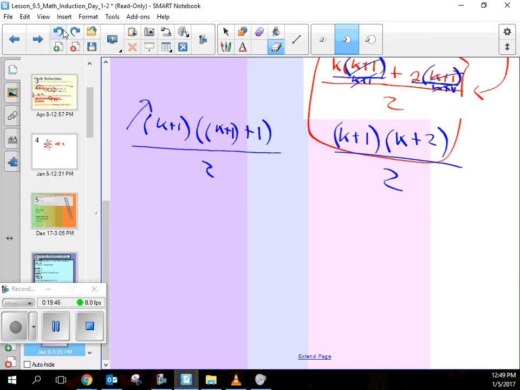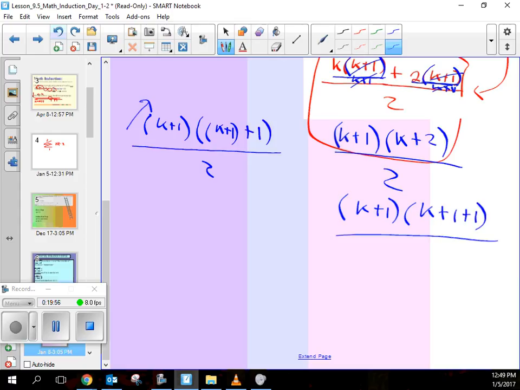Exactly. You can replace this k plus 2 with k plus 1 plus 1. All I did is replace a 2 with a 1 plus 1. Wouldn't you agree that that can be defended mathematically? I mean, yeah, but it's true.